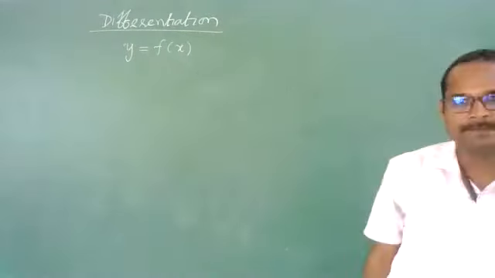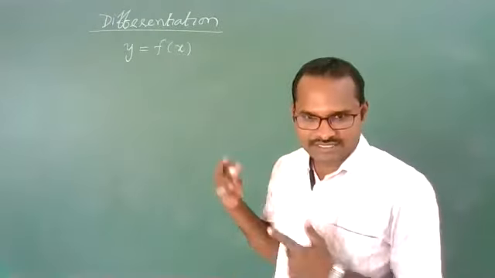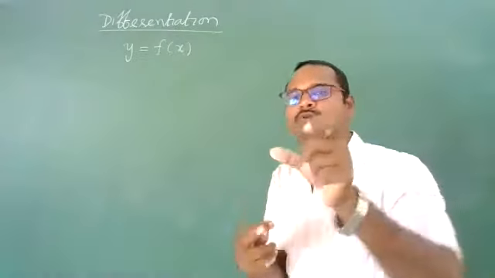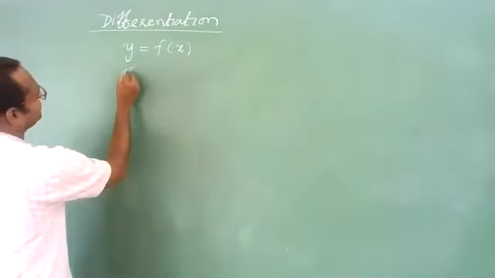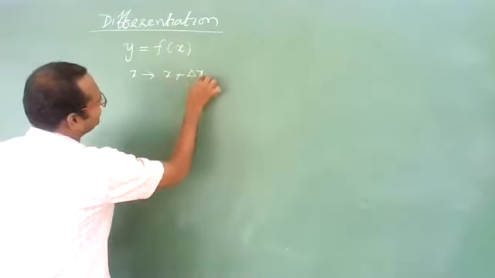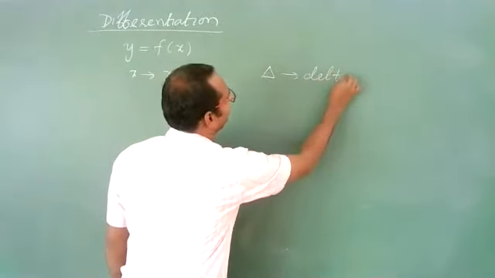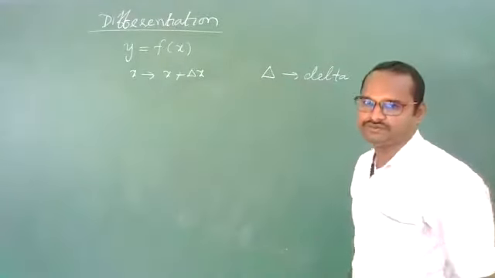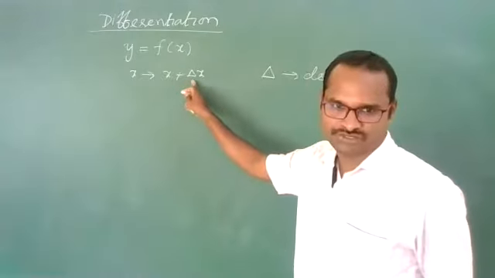Let us suppose the x value has increased by a small value, means when x increases to x plus delta x. This is called delta. Delta means small change in x value. Means x value is increased by this much.